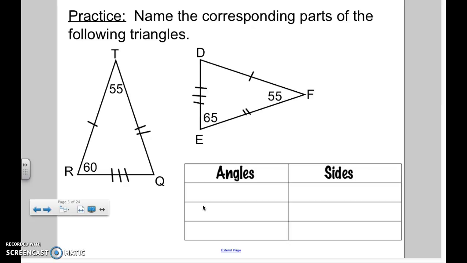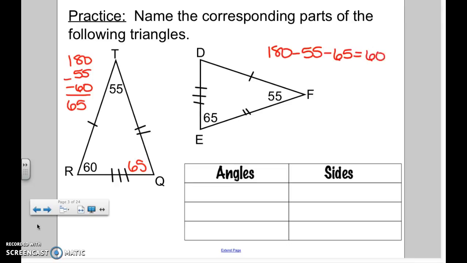So for my first triangle, I can do 180 minus 55 minus 60 to figure out my third angle, angle Q. If I do my subtraction, I end up with 65. So I'll place a 65 here where angle Q is. I can do the same thing on this side: 180 minus 55 minus 65, and I should come up with 60, and that will be the measure of angle D.